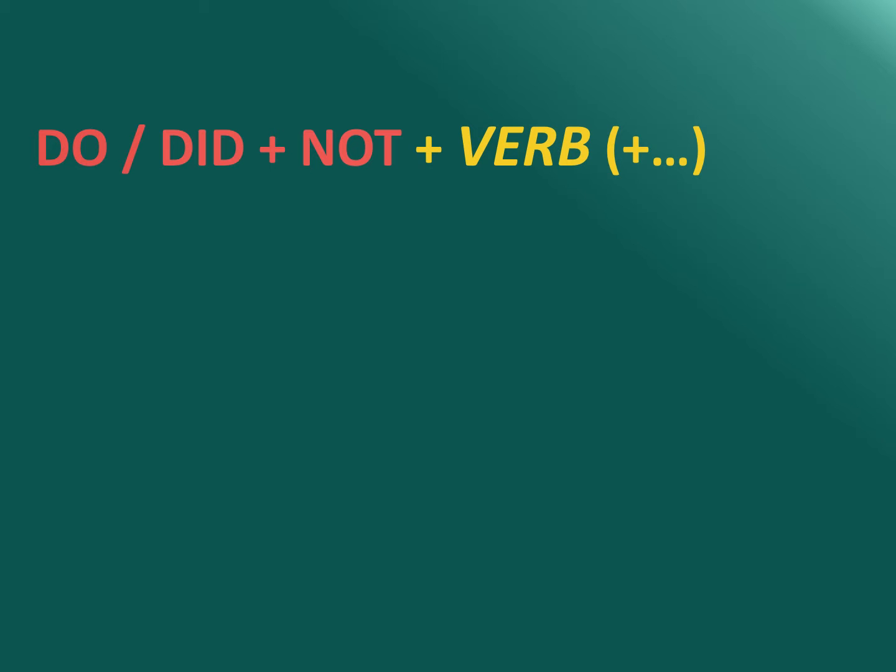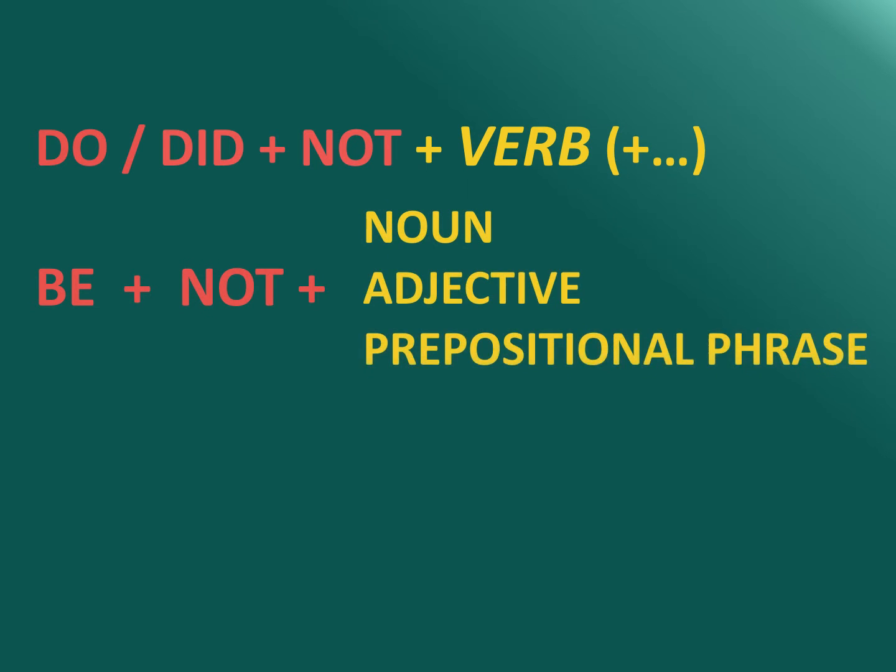That's verb. Be careful, don't confuse this pattern with the be verb, which goes with a noun, an adjective, or a prepositional phrase. Let's check these examples for the be verb.